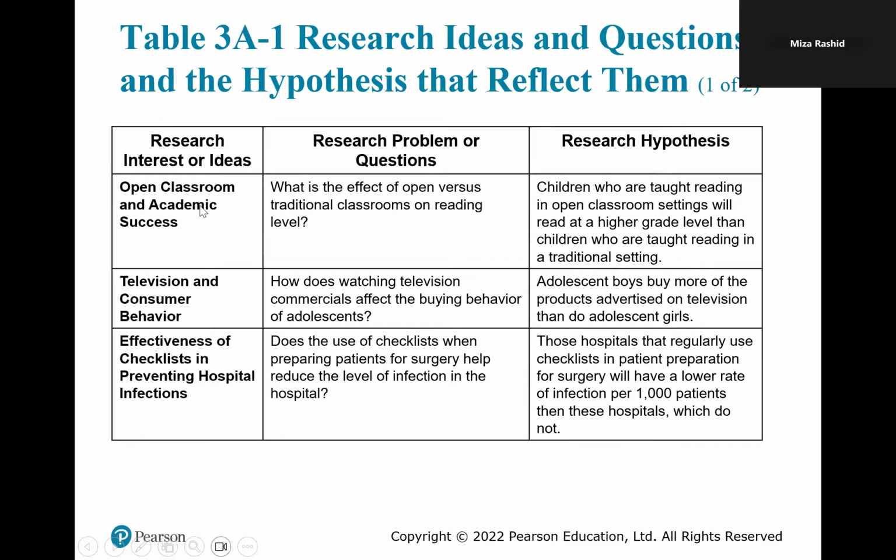If you look at here, the research interest began with a rather general idea, but for this one, it is general yet almost specific because it has provided a clear, defined IV and DV already. So in that regard, it allows them to come up with a refined research question and a refined research hypothesis.